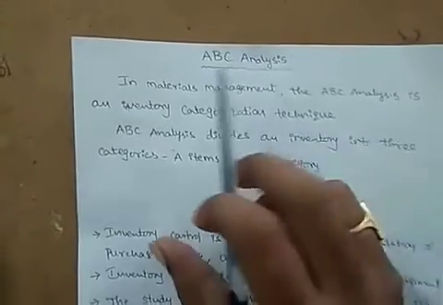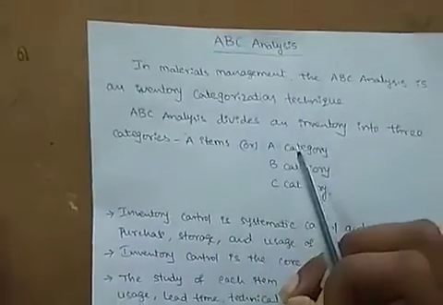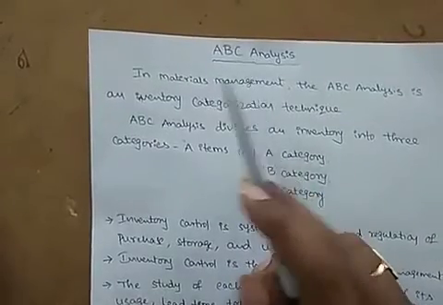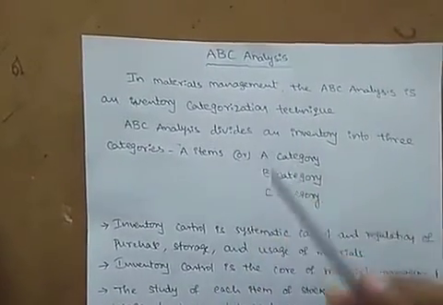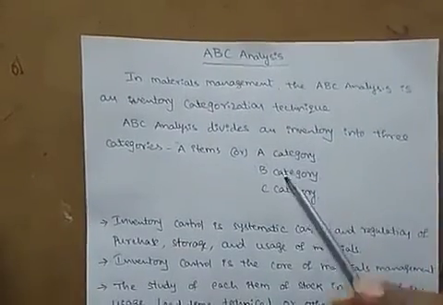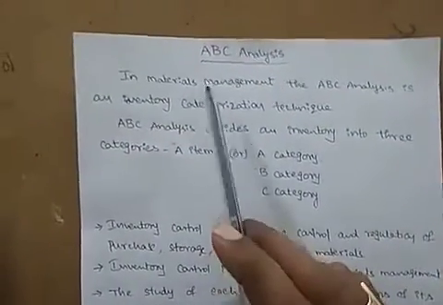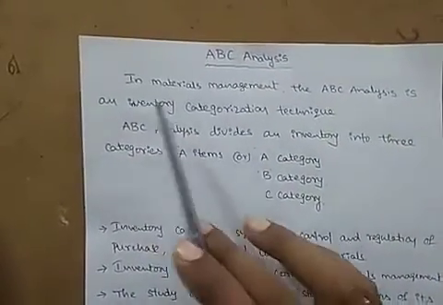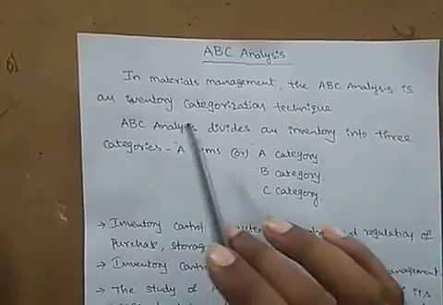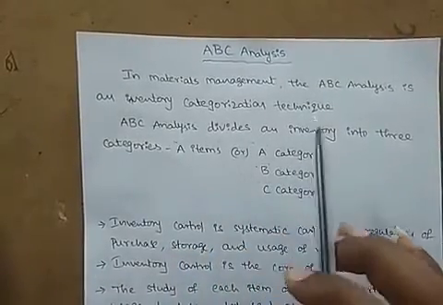Otherwise, it is also called ABC, which has three categories: A category, B category, and C category items. Once we observe materials management, ABC analysis is an inventory categorization technique.